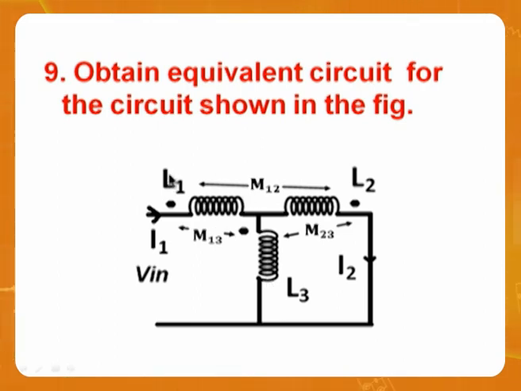This is between first coil and second coil. This is between second coil and third coil. So there are 3 inductances available. When you have 3 inductances and all 3 are linked together, then you will have a big complicated circuit. That's why he is not asking equations, he is simply asking only the circuit.